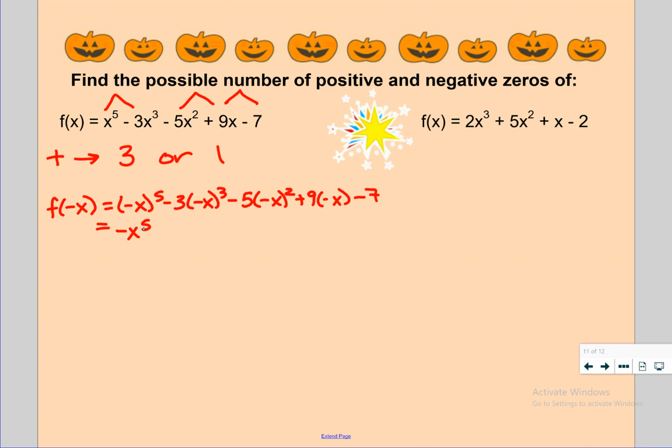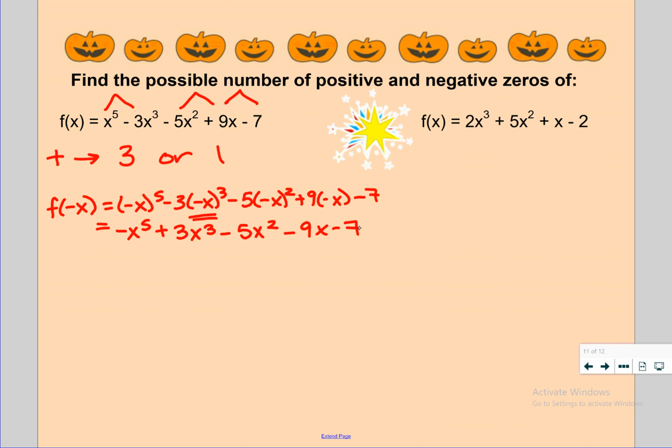Will the second term be positive or negative? It's going to be negative x to the third is negative, times negative 3 is positive. Negative x squared is positive times negative 5 is negative. You always do the exponent first. Minus 9x minus 7.